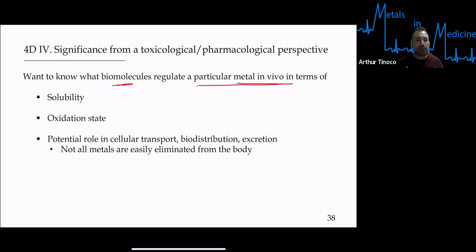So a lot of this is going to be important in terms of understanding the solubility of these compounds. The oxidation state of the metal, again, that's going to be very important in terms of the overall stability in solution, and the potential role in cellular transport, biodistribution, and excretion. All that's very important. So will a compound that's designed for a particular therapeutic function be able to reach its target?